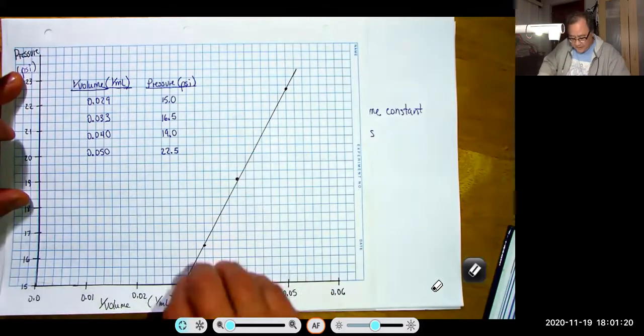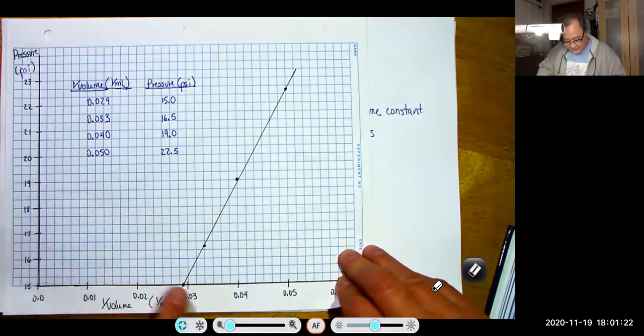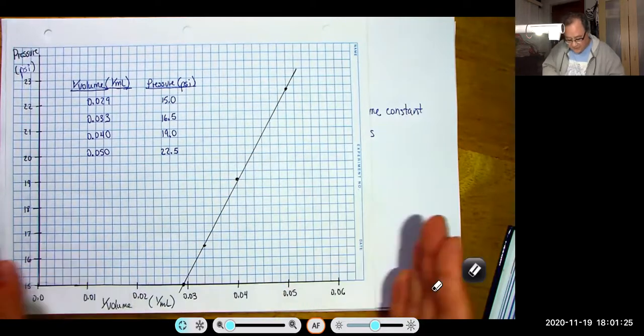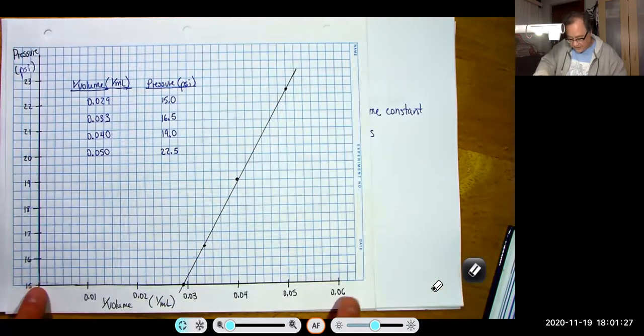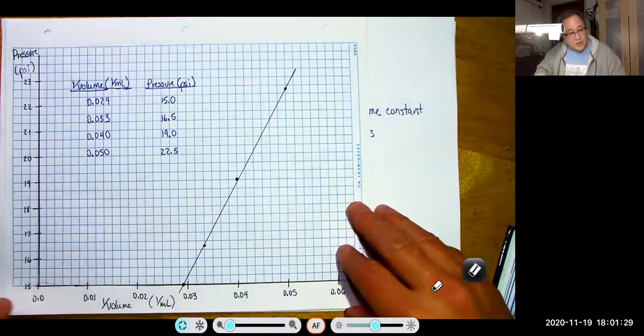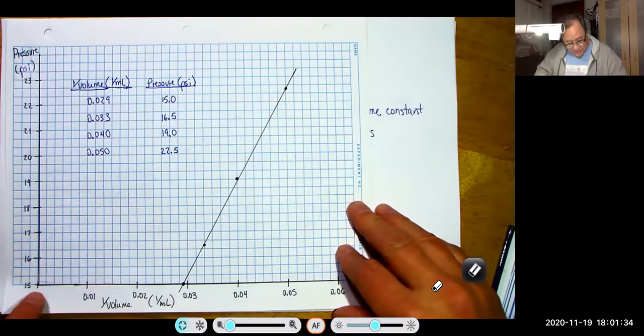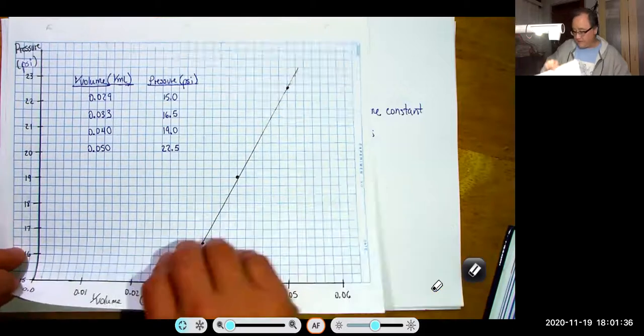Now, you can see that I didn't really expand this enough to show you everything, but I wanted to go from 0 to 0.06. Notice the pressure starts at 15. I plotted this again where this is 0, 0, and let's take a look at what we get.